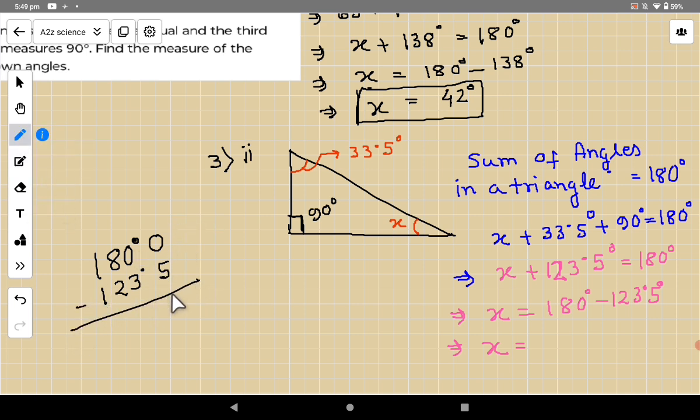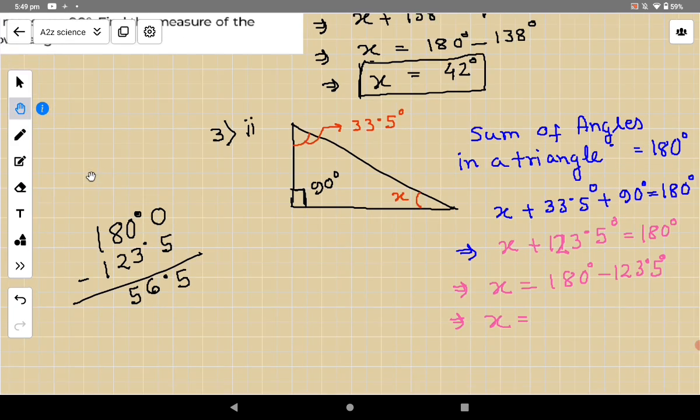Now subtract. This subtraction you have to do yourself. So we have the value 56.5 degree.